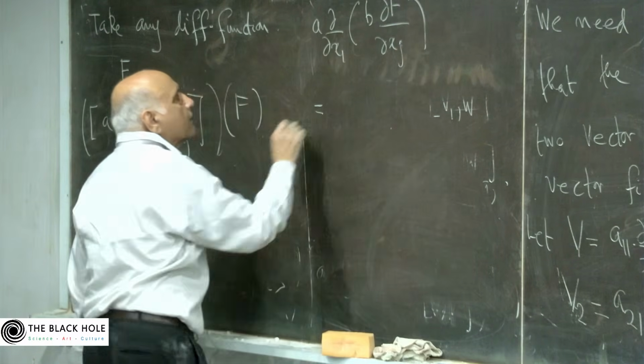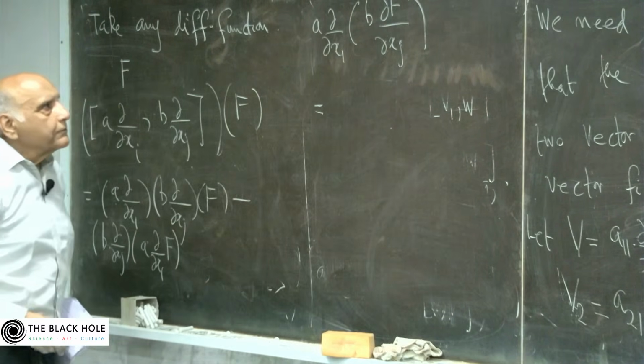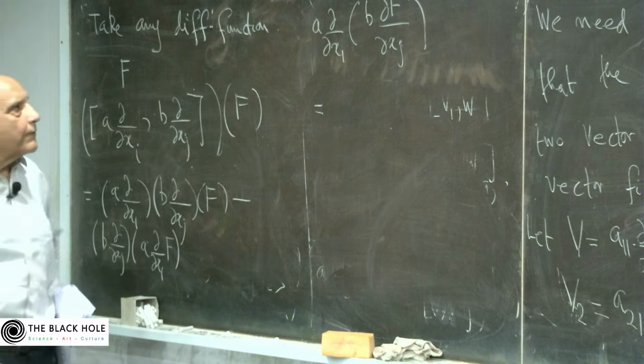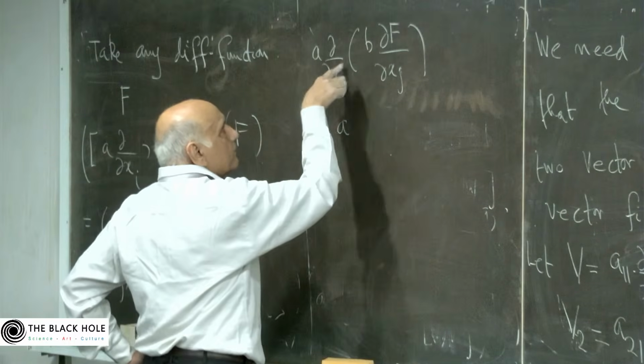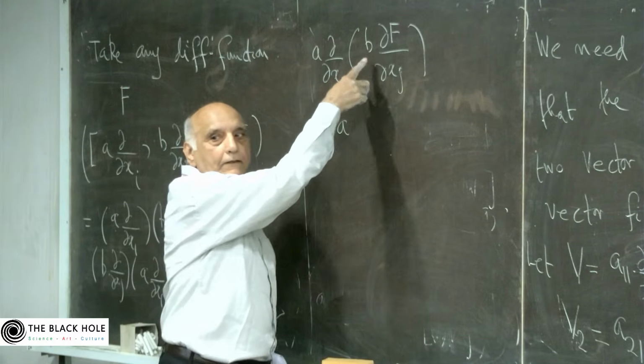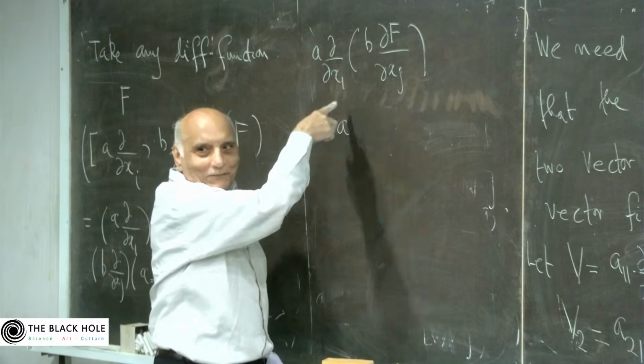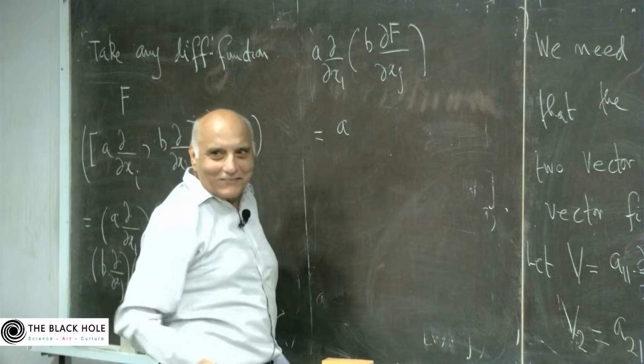What do you get? A times the derivative of the first times the second plus the first times the derivative of the second.